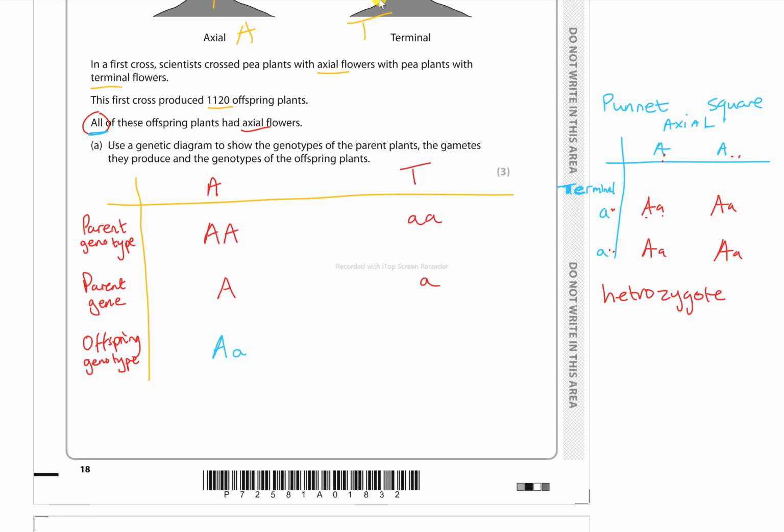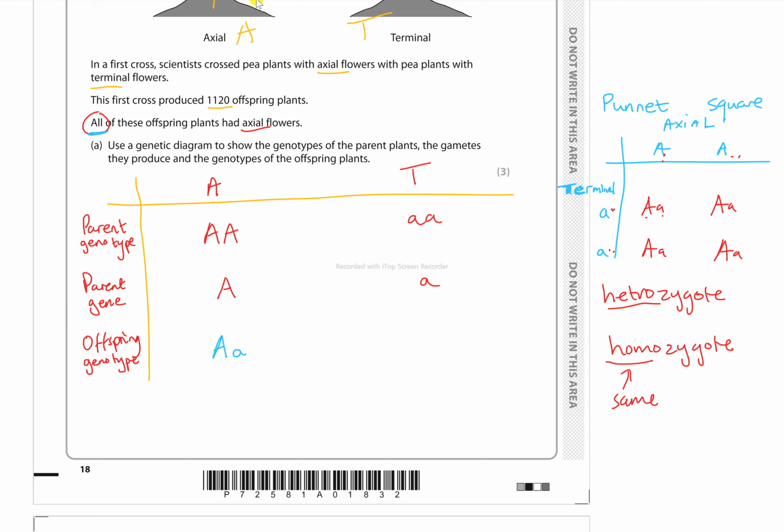That means there's one of each, and the other one is homozygote. Homo just means same. Hetero means not the same, or different. That's not a problem. And that's it, you're going to get Aa.